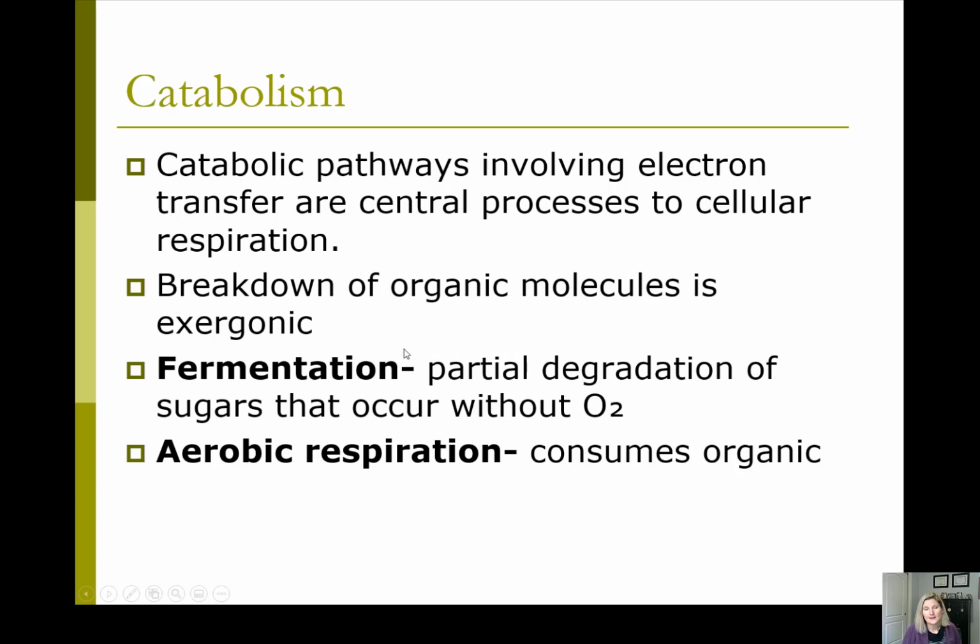And the reason why it's a catabolic pathway is because we're going to be taking forms of energy, in this case it's electron transfer, to be able to take ADP plus phosphorus to create that ATP, that energy source. Okay. So cellular respiration, exergonic, it's going to involve electrons, and it is a catabolic process. Okay, so so far we're using some terms here that we talked about in the last presentation.